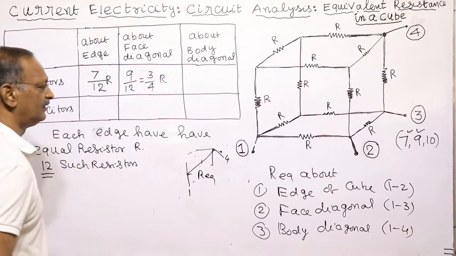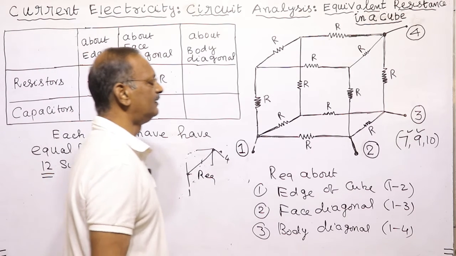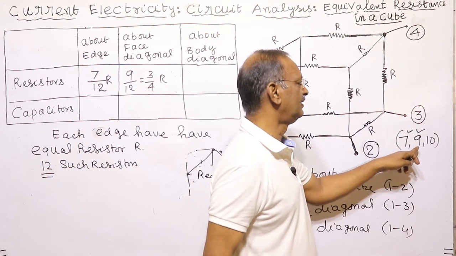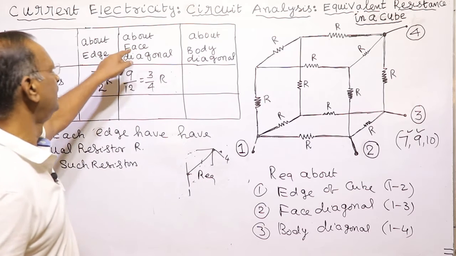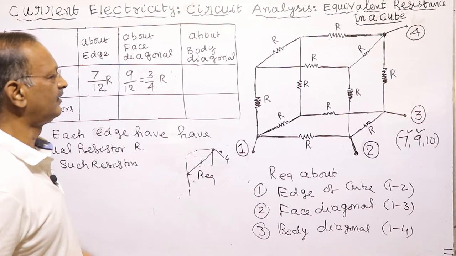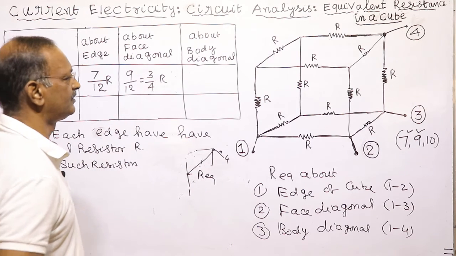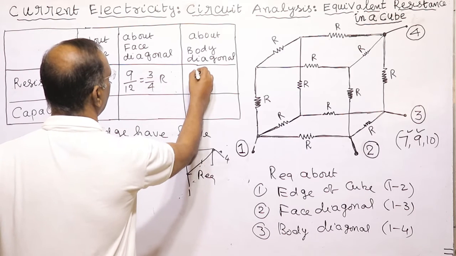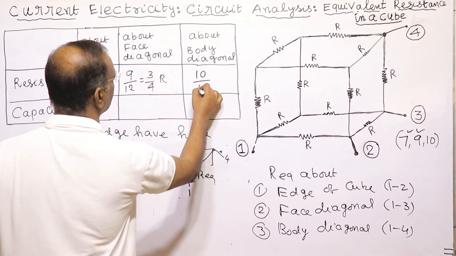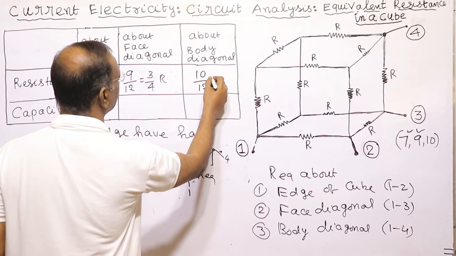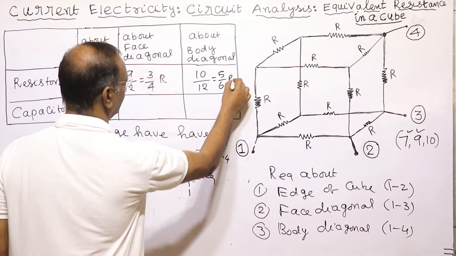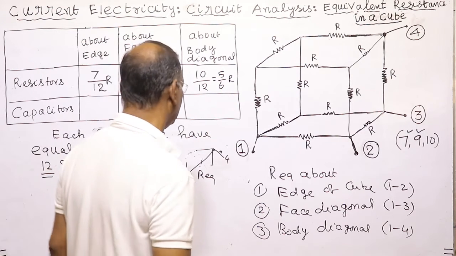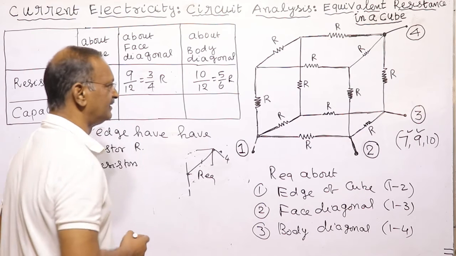The third one is what? 10. 7 is for the edge, 9 is for the face diagonal, and 10 is for the body diagonal. So we use 10 divided by the number of resistors, which is equal to 5 by 6 R. It means between terminals 1 and 4, R is 5 by 6.